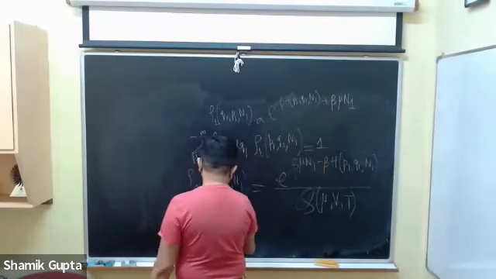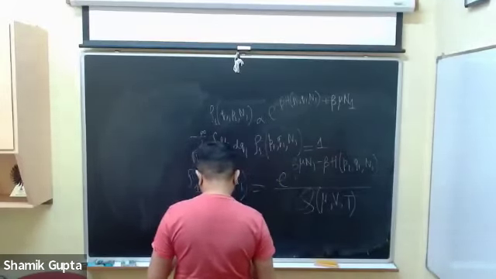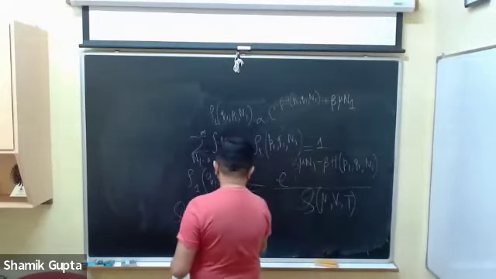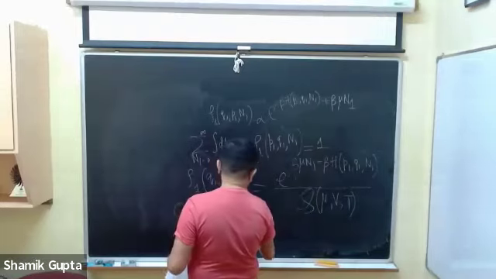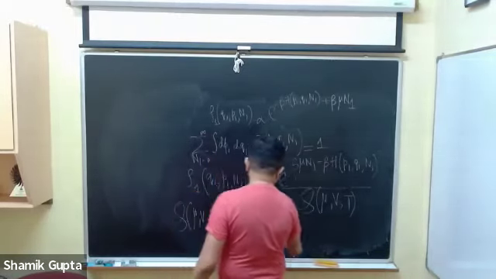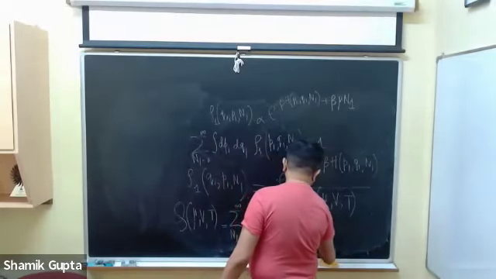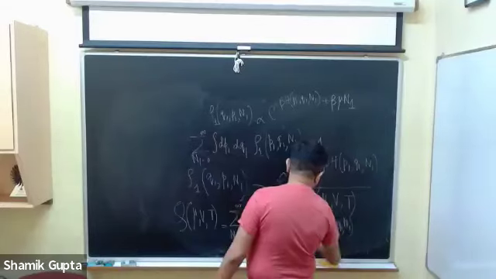This is just the summation over n1 from 0 to infinity of e to the beta mu n1 times e to the minus beta h of p1 q1 n1.